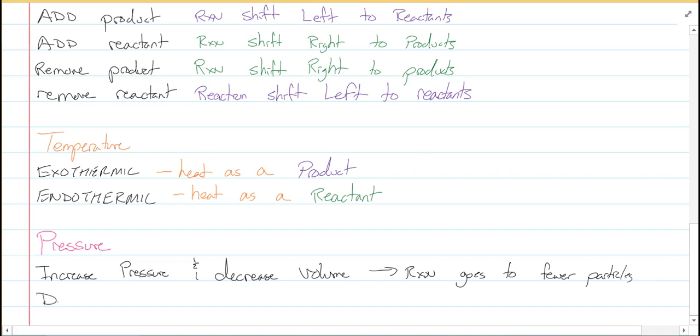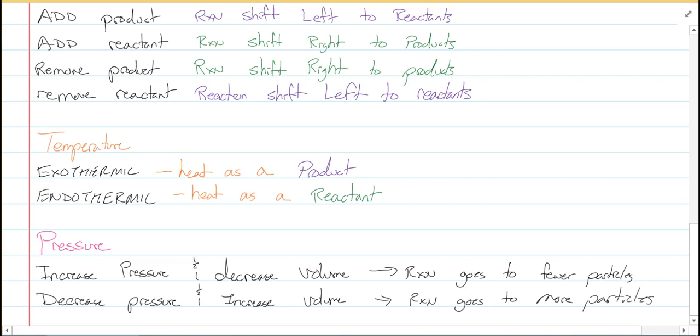If we decrease pressure and/or increase volume, the reaction goes to more particles. And an example is probably the best way to explain that. And that'll be the second example we'll do.